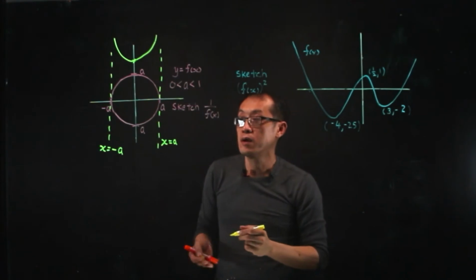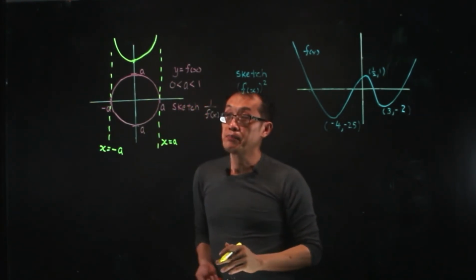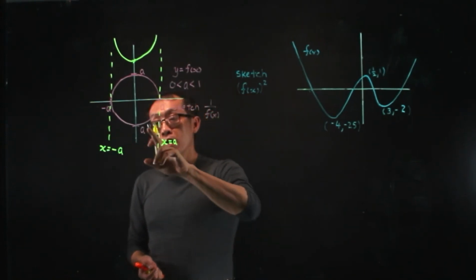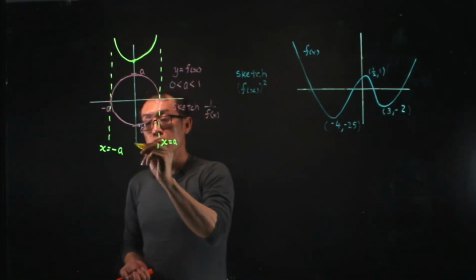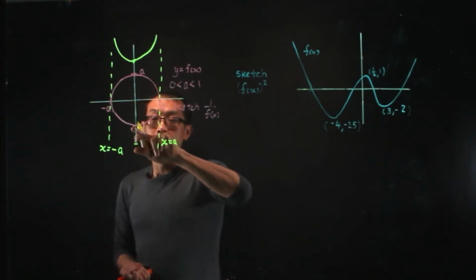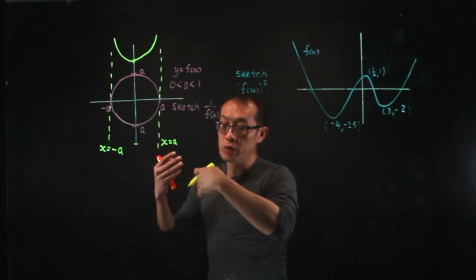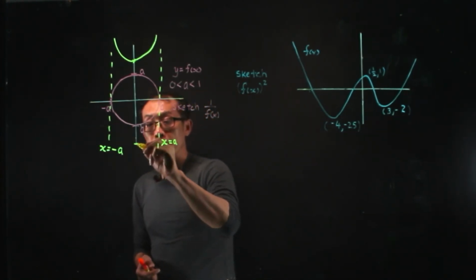Now, for the lower part, it is the same. Let's say this is minus half. 1 over it will be minus 2, so it will be below a. Now this is a minimum point, so if you take the reciprocal, it will become a maximum point.